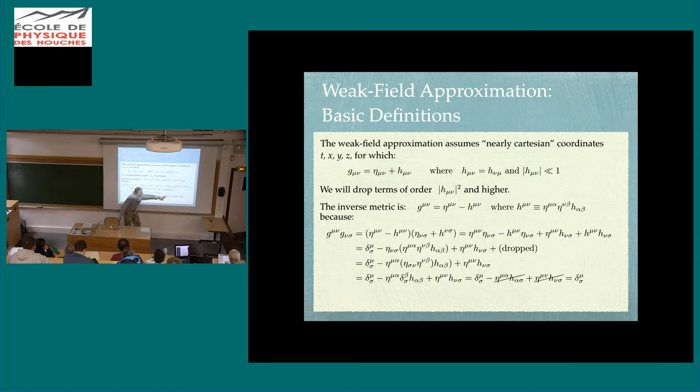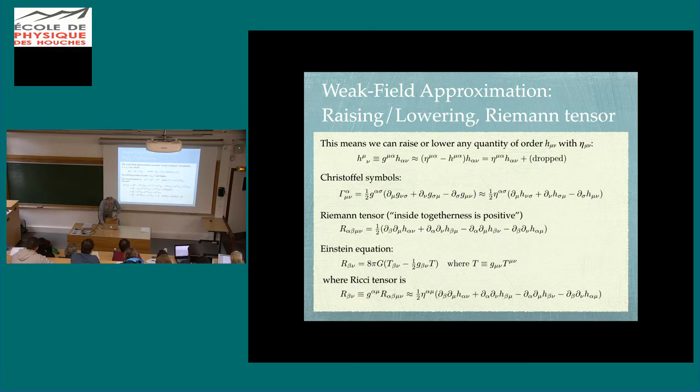But basically, if you have that minus sign here, you end up with two terms of first order in h that cancel, and you just get the Kronecker delta, which is what you wanted. But this is important to have in mind: when you've got the metric with upstairs indices, you want to subtract the perturbation, not add it. That's the main point. Okay?